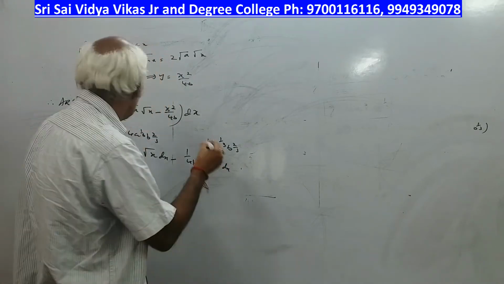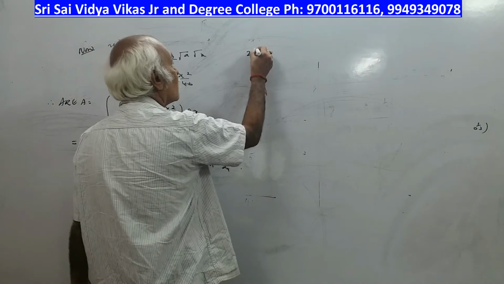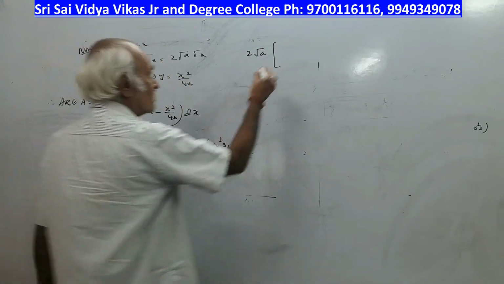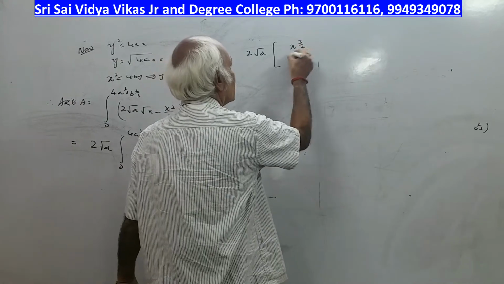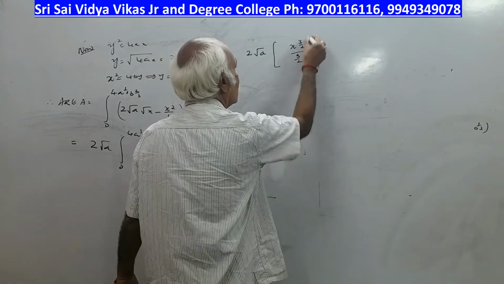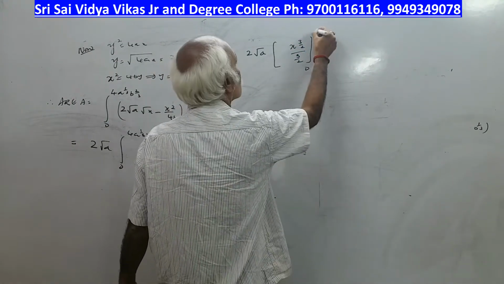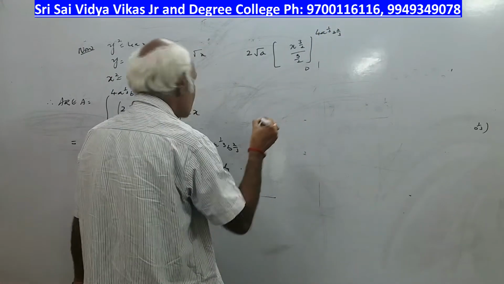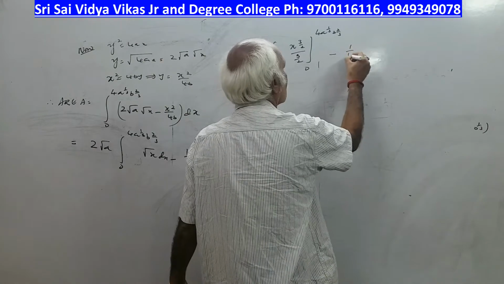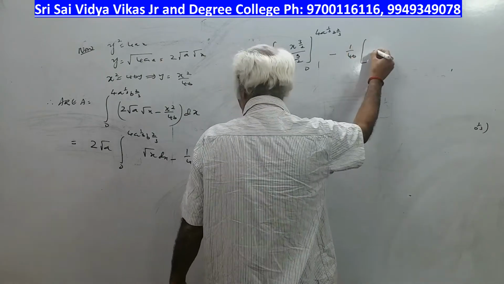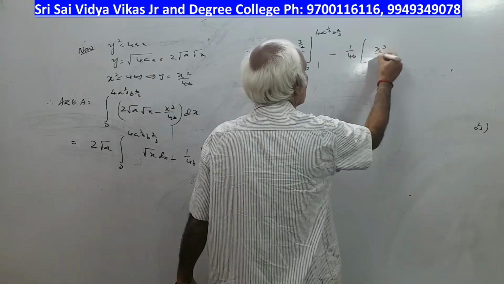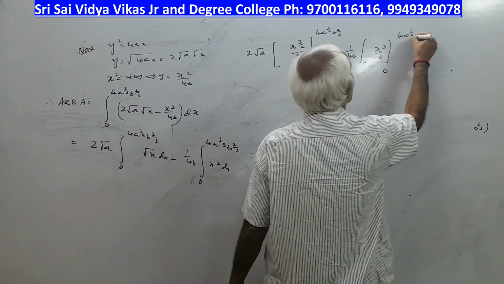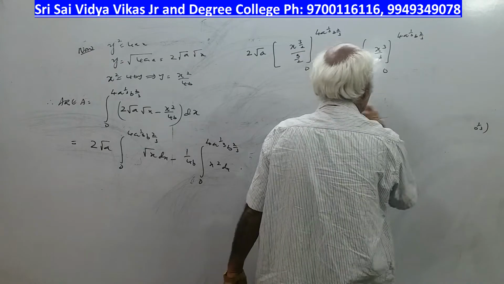Now look at here. Root x means x power 1 by 2, sir. So it becomes x power 3 by 2 over 3 by 2, 0 to P, minus x square means x cube by 3, 0 to P power 2 by 3.